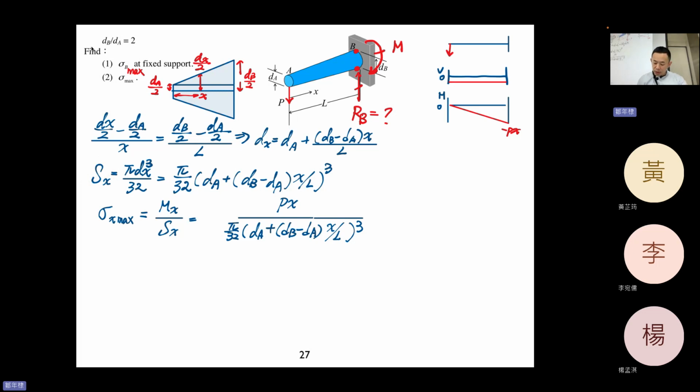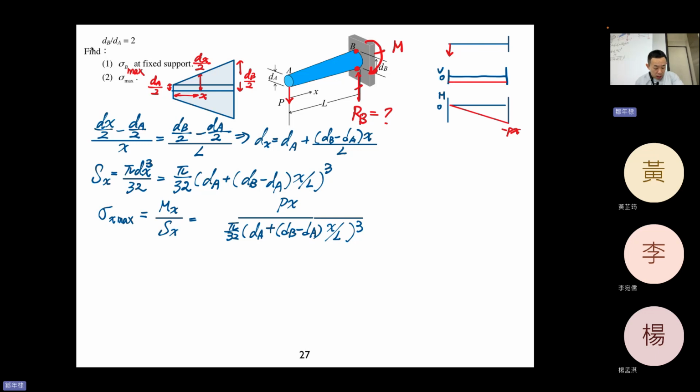And sigma x max is Mx divided by Sx. Mx itself is also a function of x, and Sx is a function of x, so you just put that together. You can have the sigma max function of x.